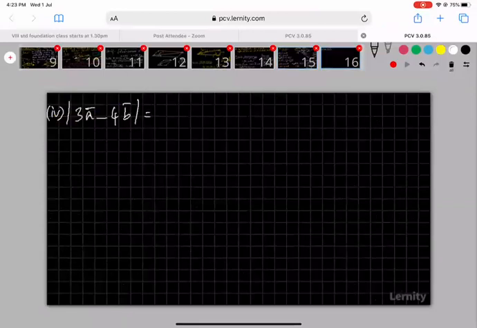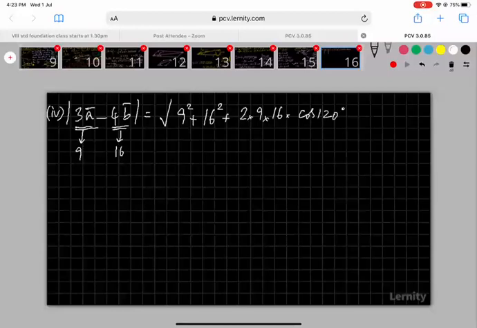Okay, so what will be the magnitude of this? 3A bar, magnitude of that is 9. 4B bar, the magnitude of that is 16. I can substitute root of 9 square plus 16 square plus 2 into 9 into 16 into cos of 120 degree. Cos of 120 degree is minus half.